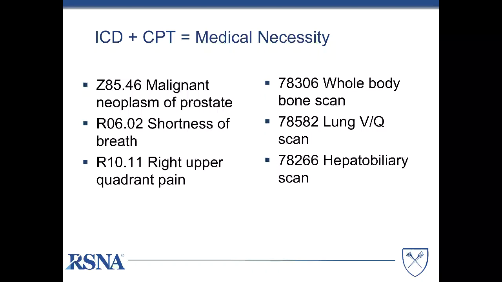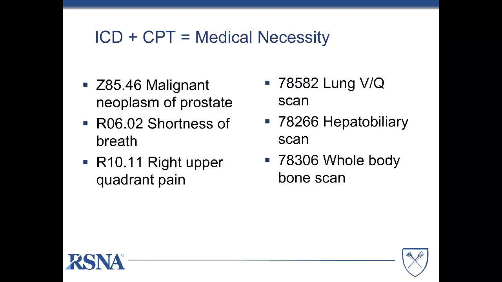There must be concordance between ICD and CPT codes for reimbursement. As you can see, prostate cancer is an indication for a bone scan, shortness of breath for a lung scan, and right upper quadrant abdominal pain for a hepatobiliary HIDA scan.